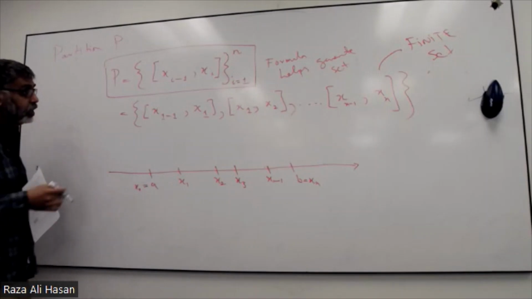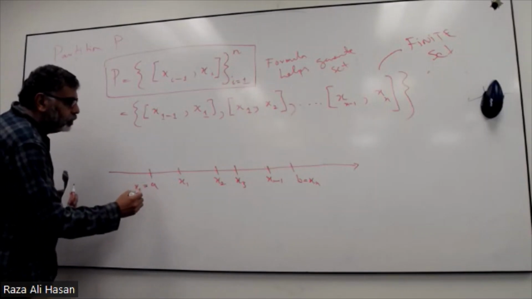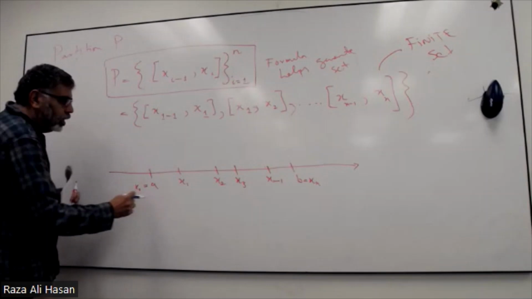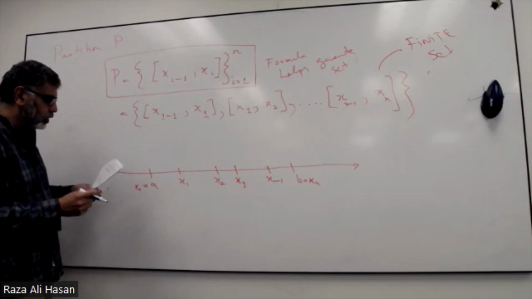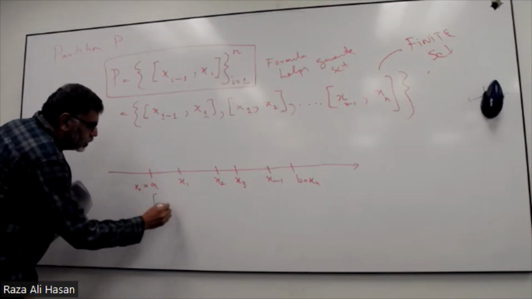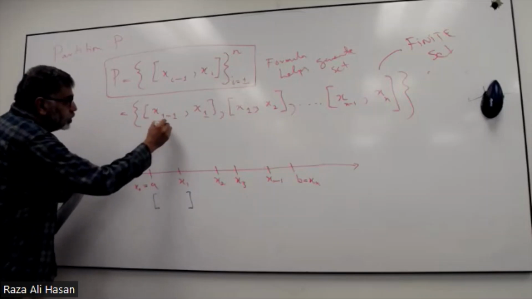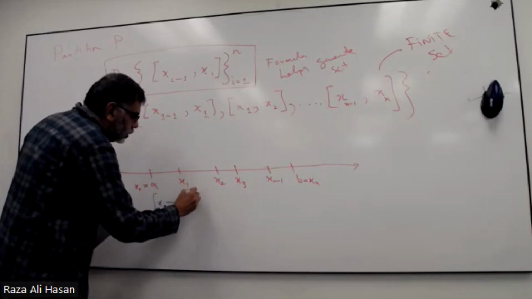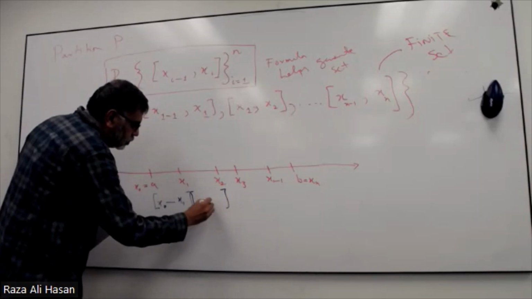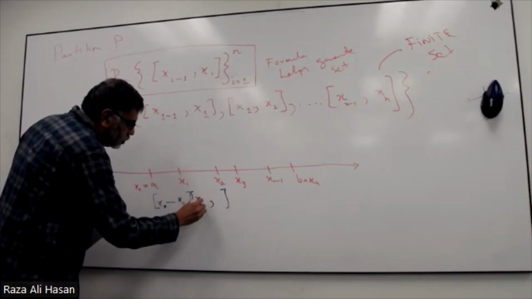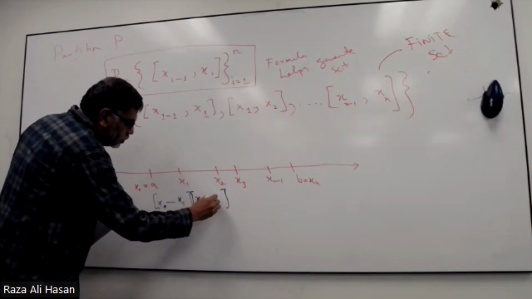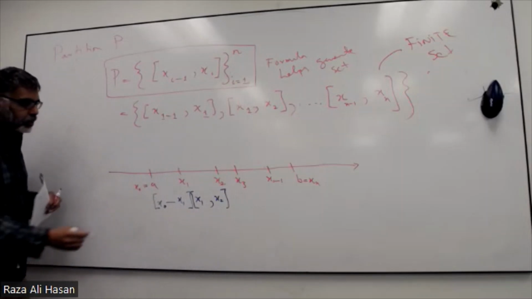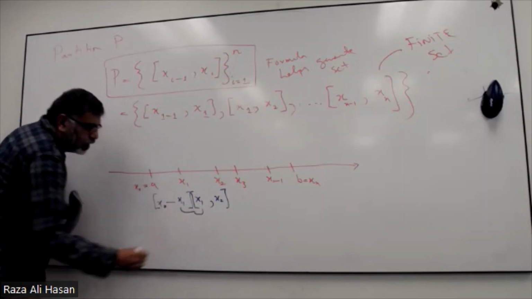We have, these are the subintervals. How do I do that? Yeah, right here. These are the subintervals. This guy comes here, so it's x0 minus x1. And you notice what? These two guys are the same.